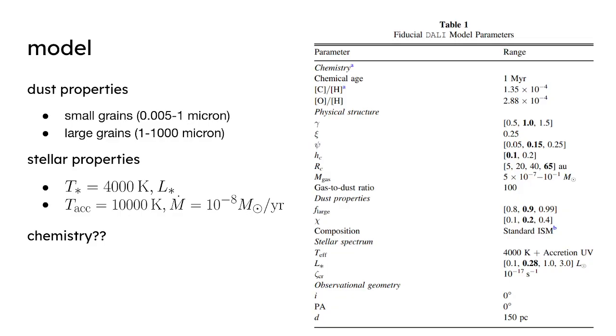But if you look at the M gas here, they go to such low masses as even 5 times 10 to the minus 7. And this is a very low mass for a disk. And for such low mass disks, they are transparent in CO. I checked. I ran a model specifically to test that.